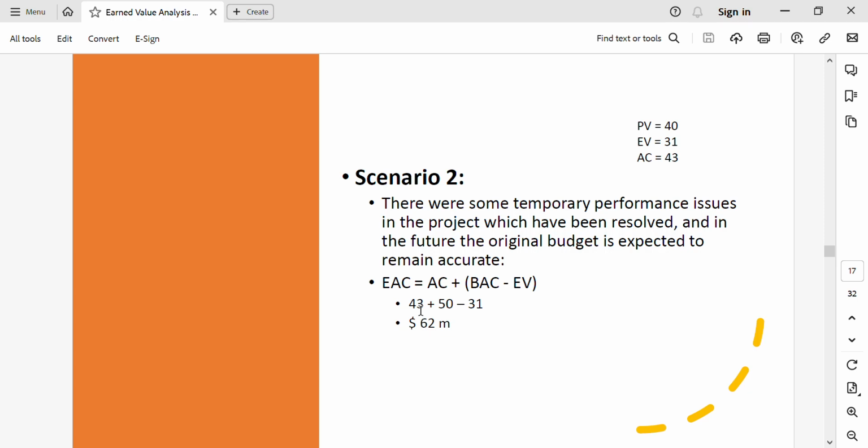So actual cost is 43, budget is 50, and earned value is 31. So here in this case, EAC comes to $62 million. So even here, what we see is that the project is going to incur $12 million over and above the budget that has been approved initially.